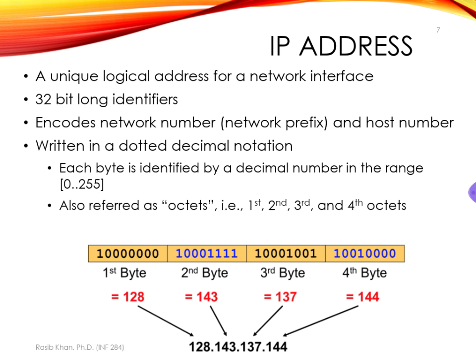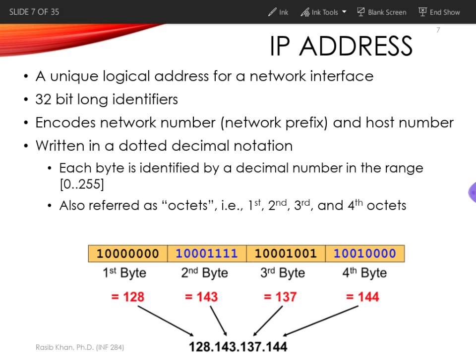All right, so IP addresses are the core functionality of the IP protocol. An IP address is a unique logical address for a given network interface for a host which is in a given network.